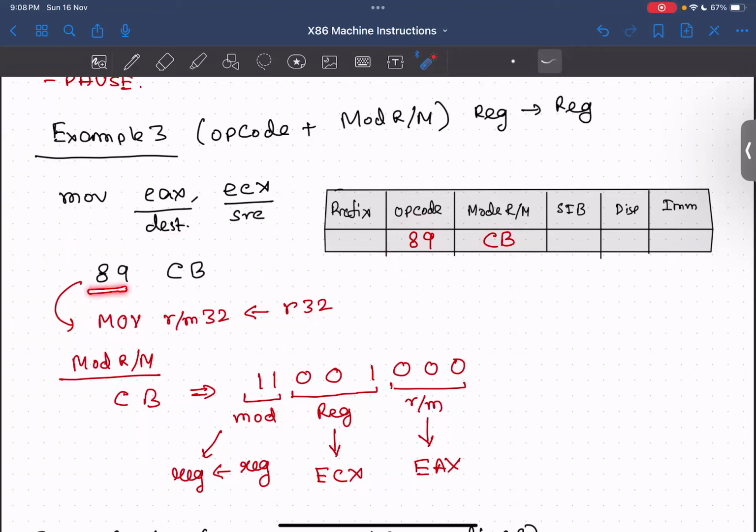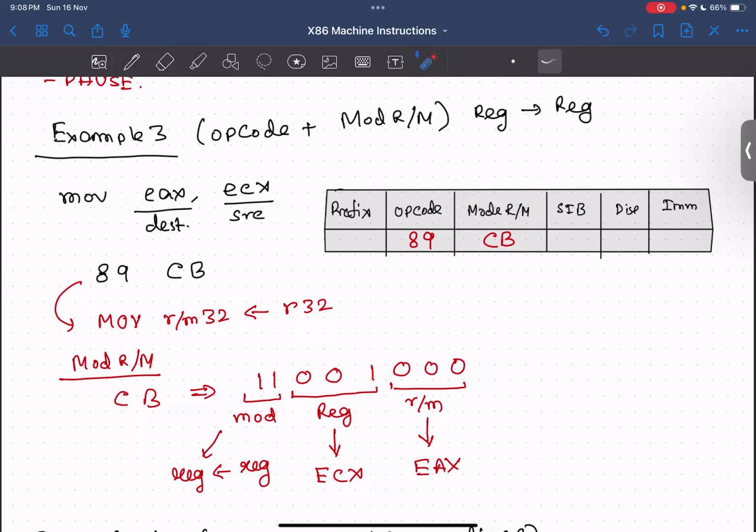Every opcode has some meaning, it tells what kind of instruction you are expecting. For example, with 89, the kind of instruction it expects is a move instruction, and the source operand is encoded in the reg bits of the ModRM byte, and the destination is mentioned in the RM bits of the ModRM byte, right?